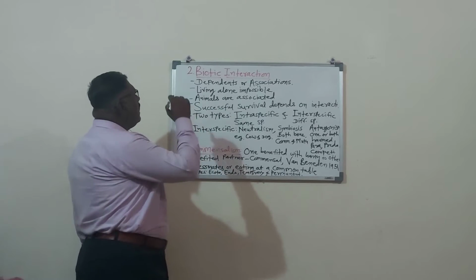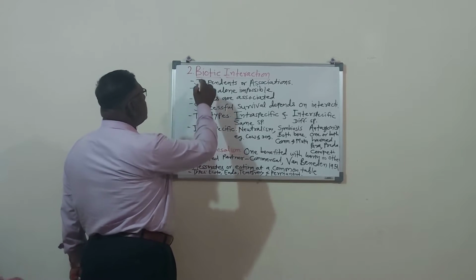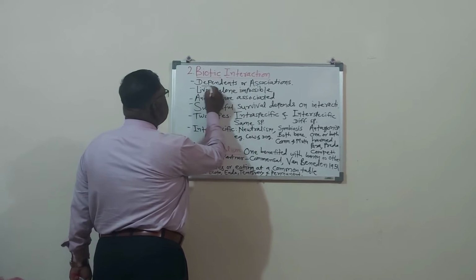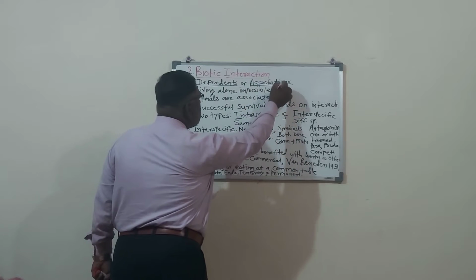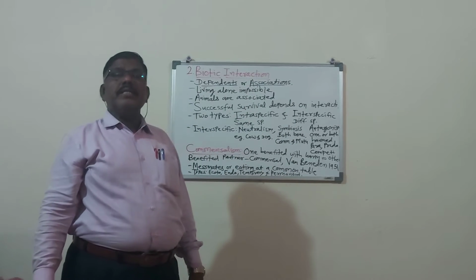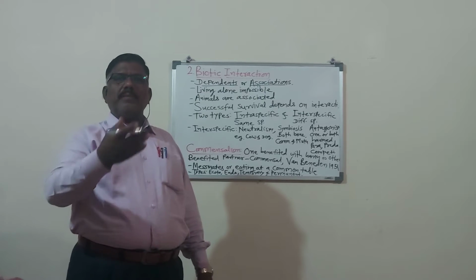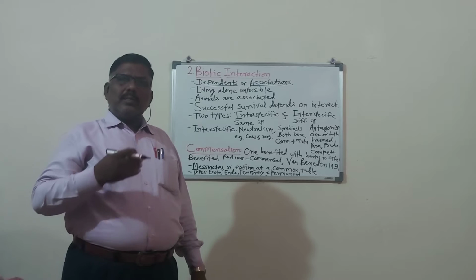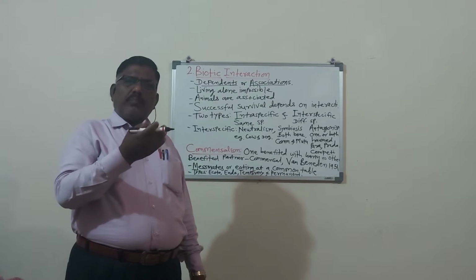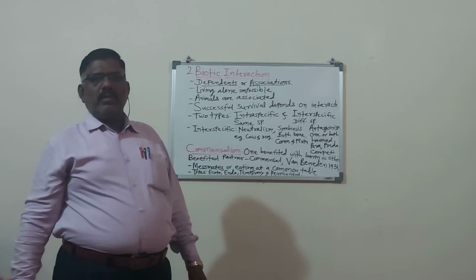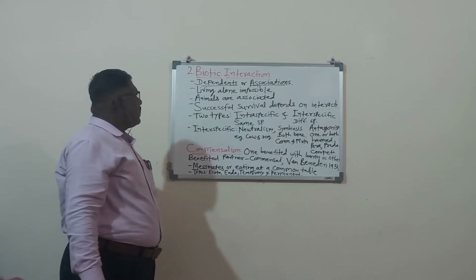So biotic interaction means dependence or association of animals or living things, maybe animals, maybe plants. Biotic interaction means the dependence of animals on plants, or plants on animals, or animals among animals. So this is biotic interaction.